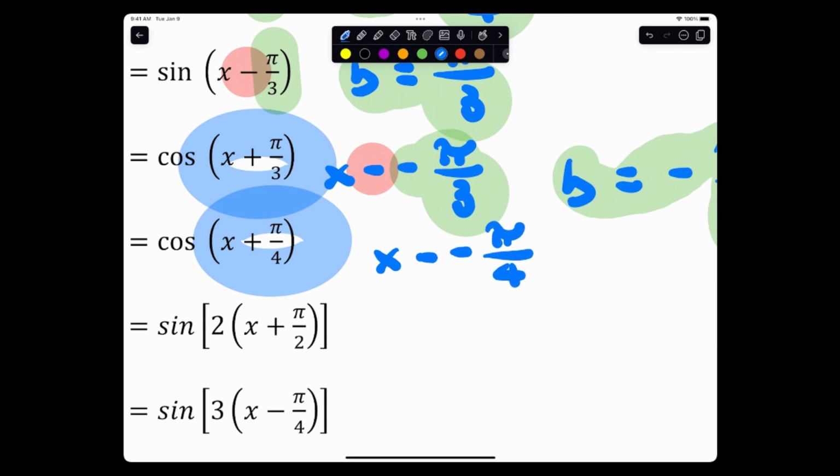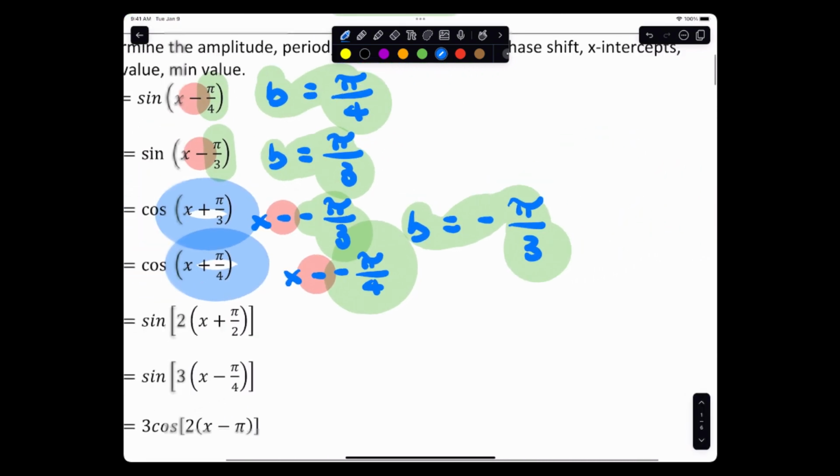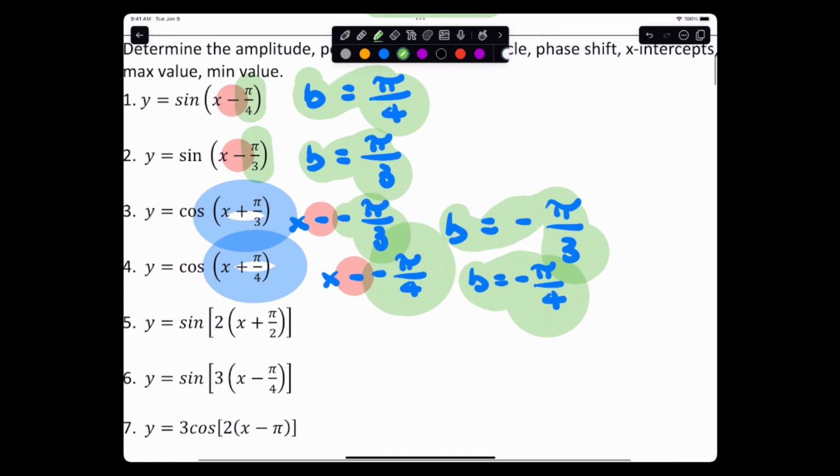Pi over 4. Where is this negative sign? Right there. You guys okay with that? What does it mean about your B value? B value is negative what? Pi over 4. Easy peasy lemon squeezy.